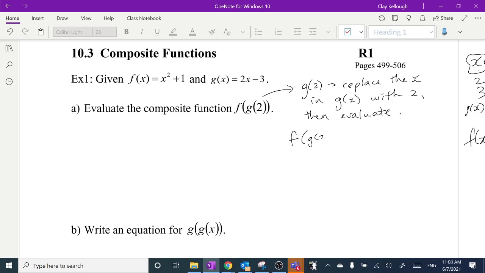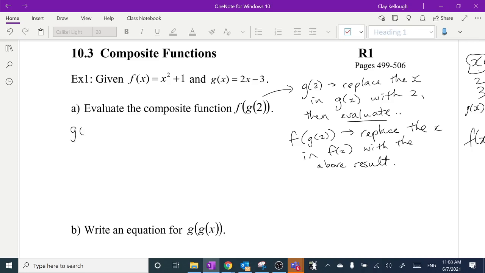F of g of 2 means replace the x in f of x with the above result. So whatever I get from this evaluation is my x for f of x.